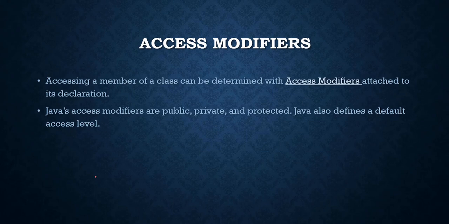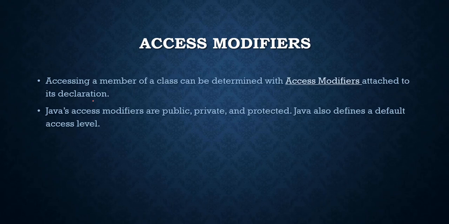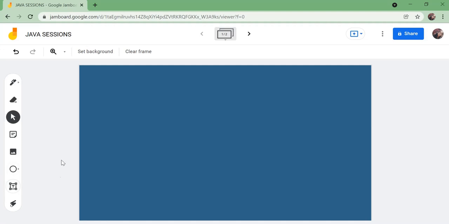The members of a class include both variables and methods. Let us see an example of how these methods and variables can be declared.